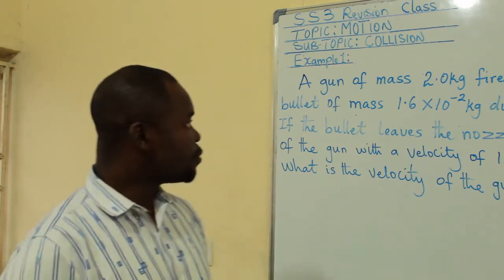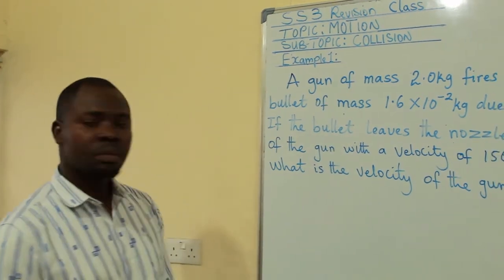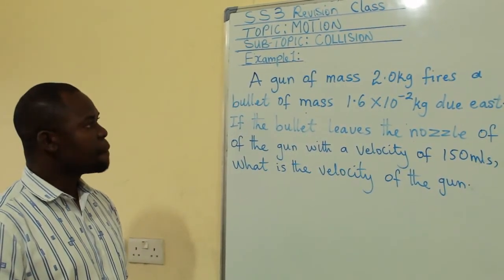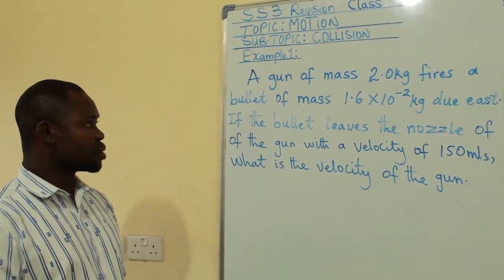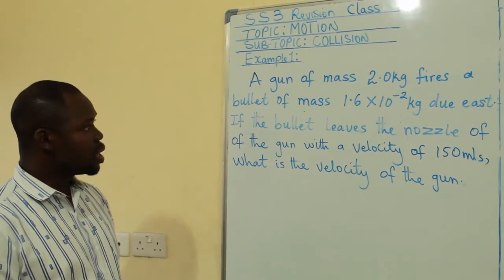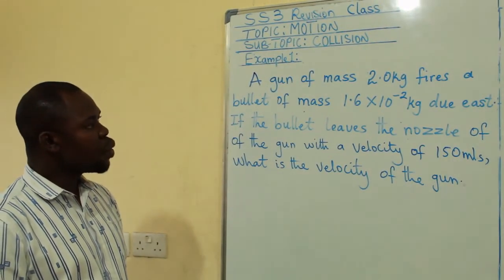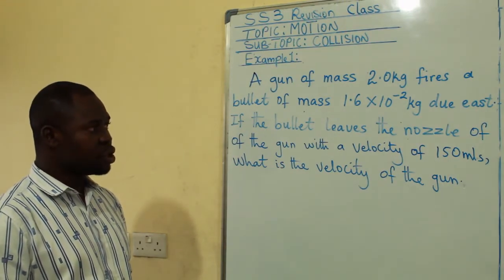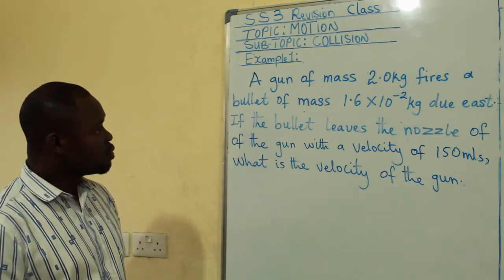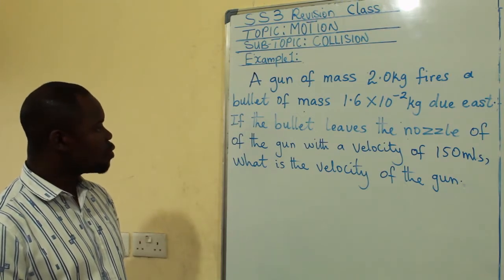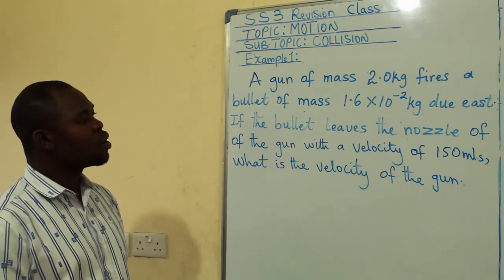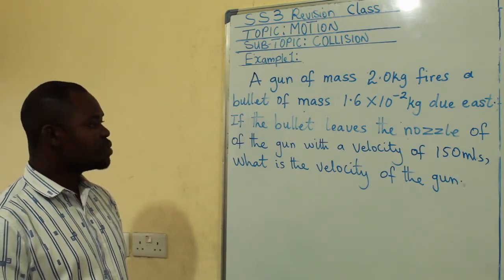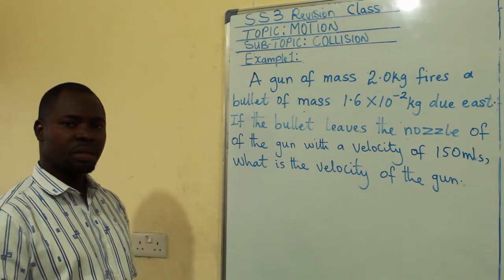Okay, so we have the first one here. A gun of mass 2.0 kilograms fires a bullet of mass 1.6 times 10 raised to power minus 2 kilograms due east. If the bullet leaves the nozzle of the gun with a velocity of 150 meters per second, what is the velocity of the gun?